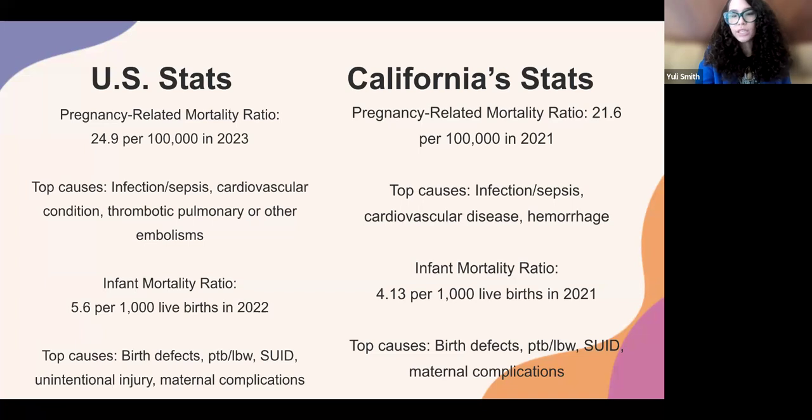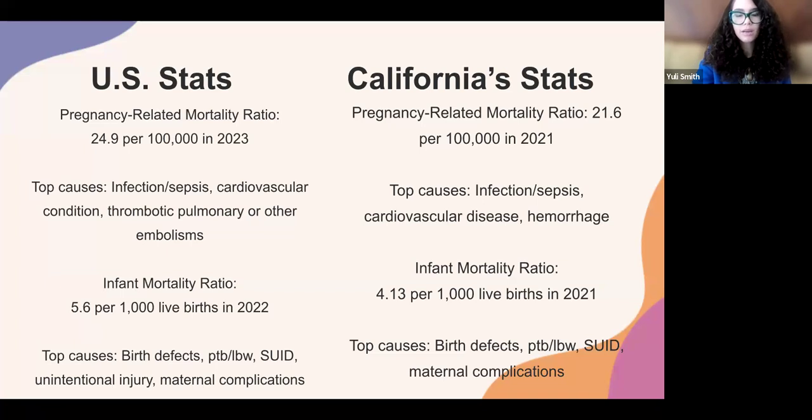I would also like to note that in the previous data set that was distributed from 2017 to 2019, one of the top causes of maternal or pregnancy-related mortality was actually mental health. Now, for these most recent statistics, mental health is not included, though it is still an issue. And in 2017 to 2019, mental health accounted for 22.7 pregnancy-related deaths.